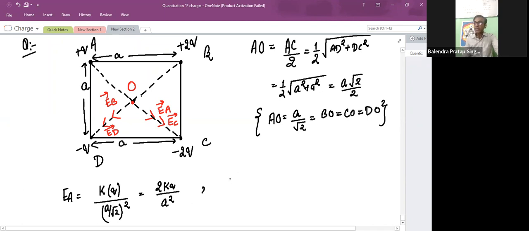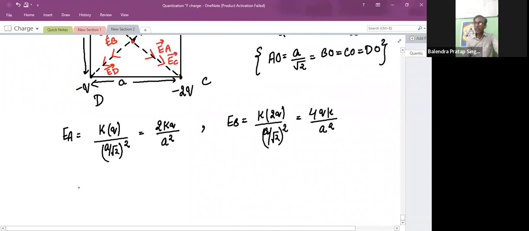Now the next field is EB. EB is again the same, the only change is 2q, and the value of r square is again the same, a by root 2 whole square. Here I'm only calculating the magnitude. So the value of EB is 2qk divided by a square. Next, EC: C here has minus 2q charge.